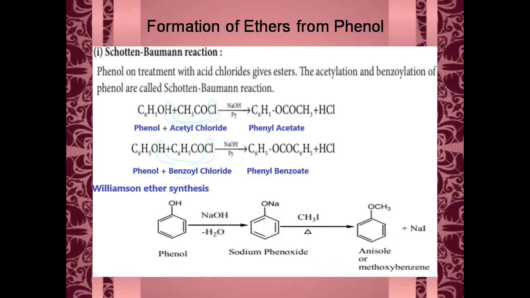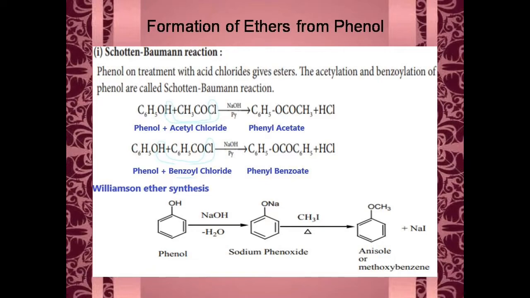The next reaction is the Schotten-Baumann reaction. This reaction is used to convert phenol to an ester. Now when phenol is reacted with acetyl chloride, formula CH3COCl, here we are going to remove HCl, as I indicated, in the presence of sodium hydroxide and pyridine.